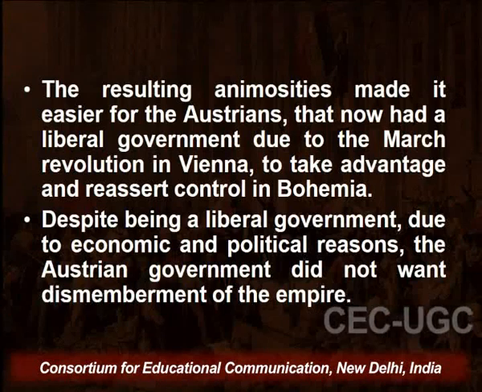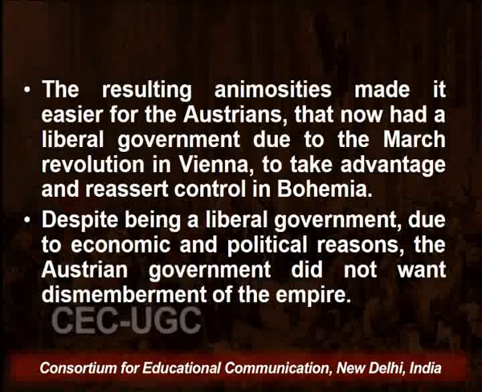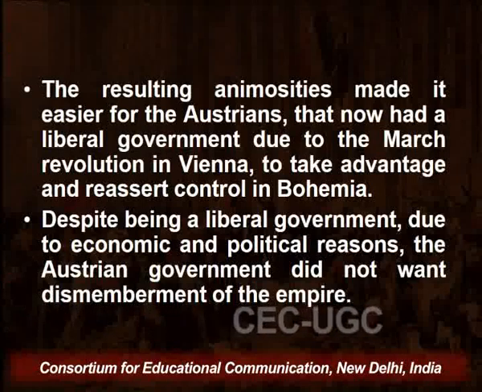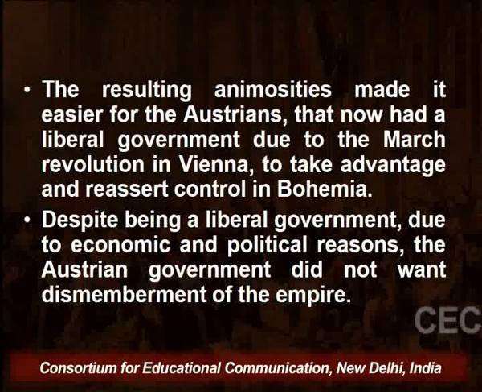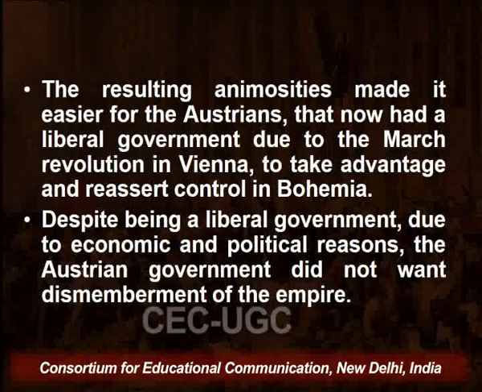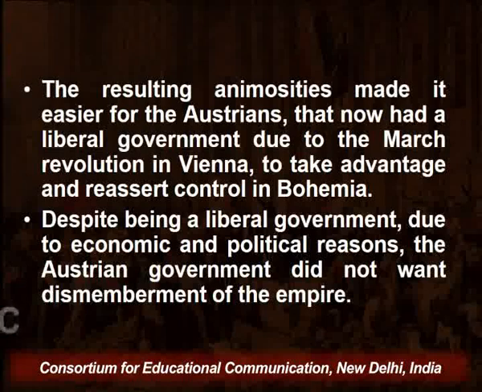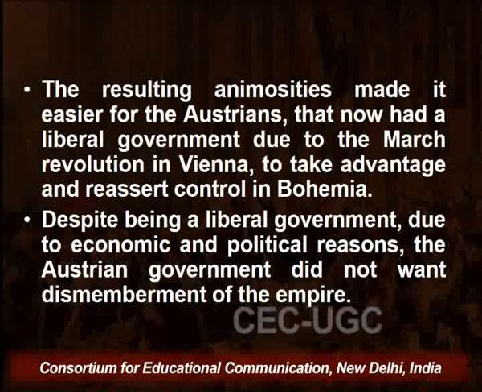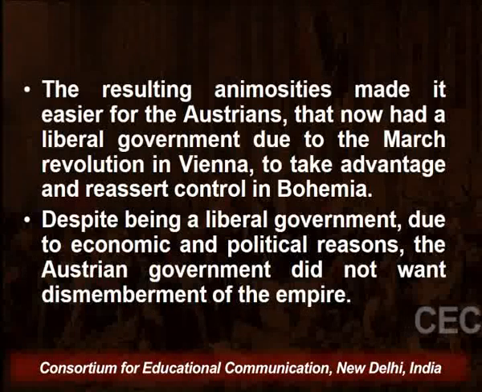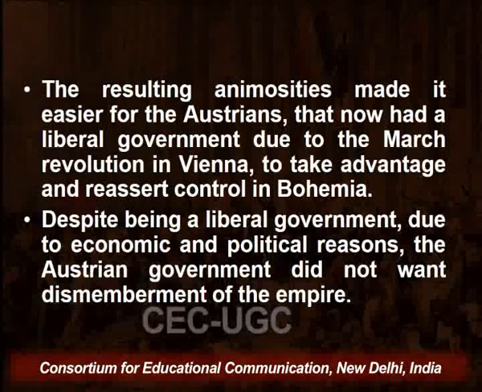So, as you can see, the resulting animosities made it easier for the Austrians, who now had a liberal government due to the March Revolution in Vienna, to take advantage and reassert control in Bohemia. And despite being a liberal government, due to economic and political reasons, the Austrian government did not want dismemberment of the empire. So, it would be very naive to say that if the regime is liberal, it will not display empire-like tendencies.